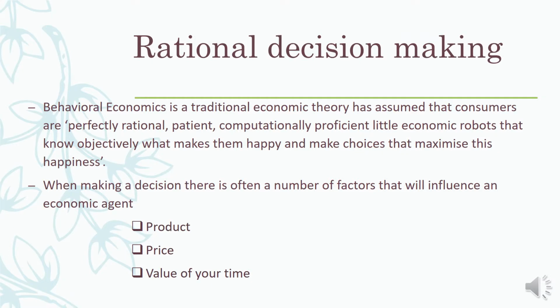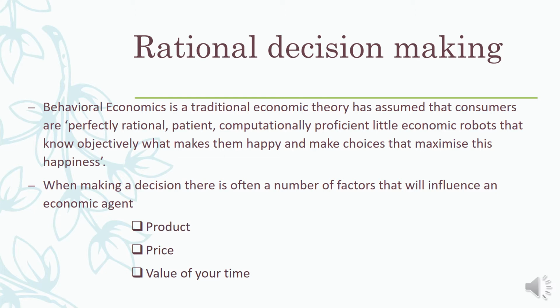Actually, rational decision making came from behavioral economics. Traditional economic theory has assumed that consumers are perfectly rational, patient, and computationally proficient little economic robots that know objectively what makes them happy and make the choices that maximize this happiness.